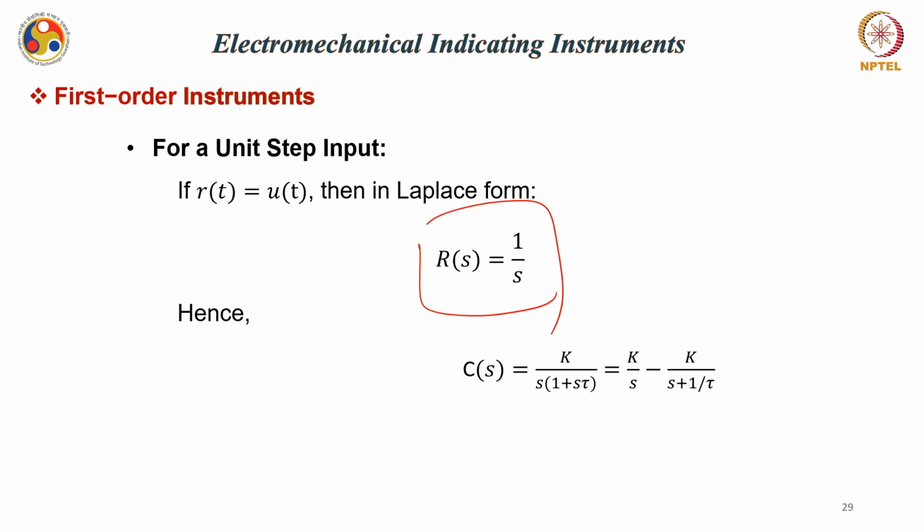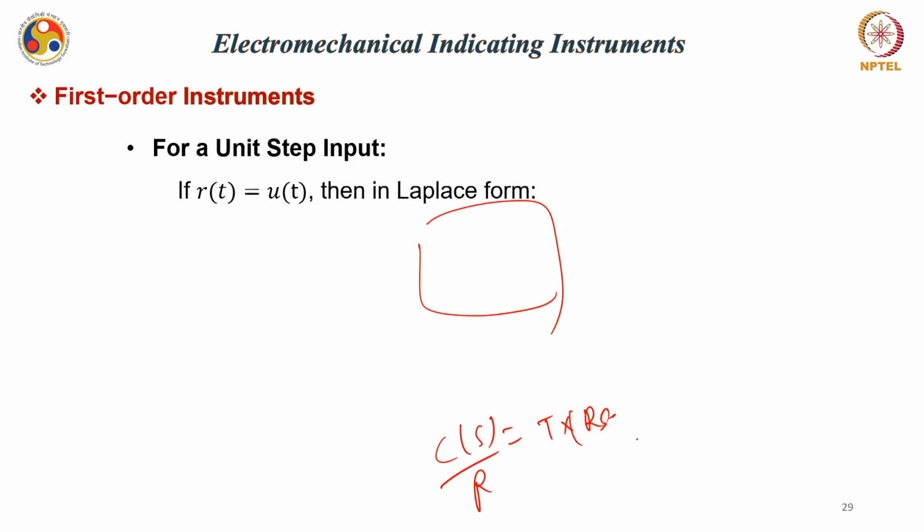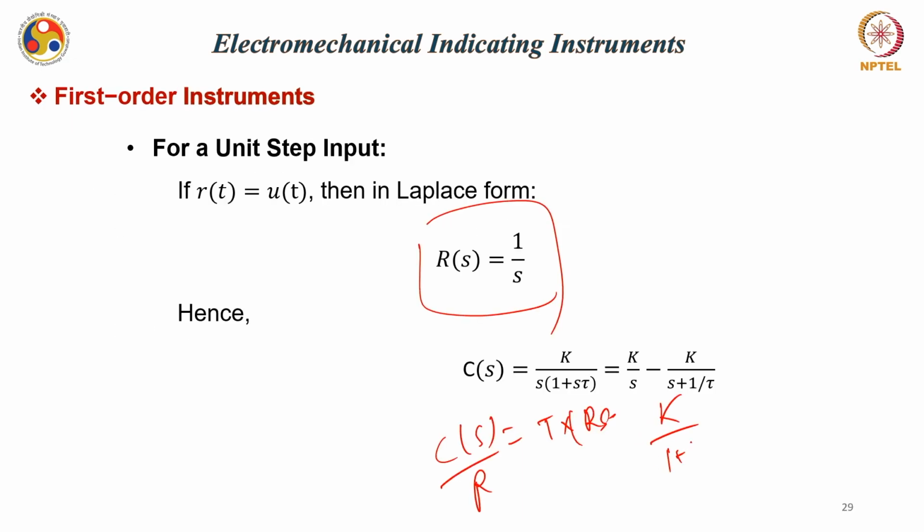If you try to find the output, C(s) by R(s), the output is the transfer function times R(s). So the value is K by 1 plus s tau into R(s), which is the Laplace of this u(t) function, which is nothing but 1 by s.